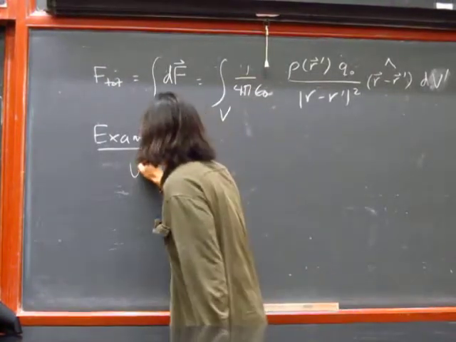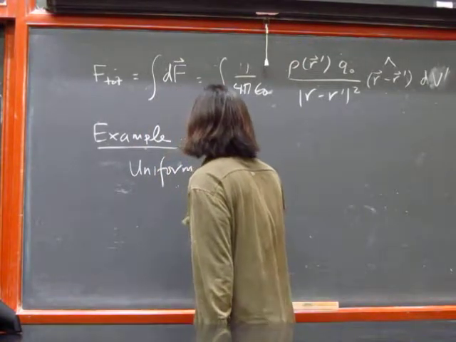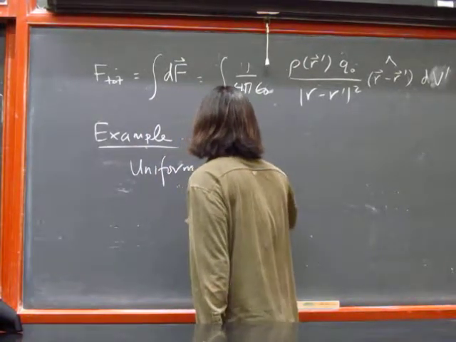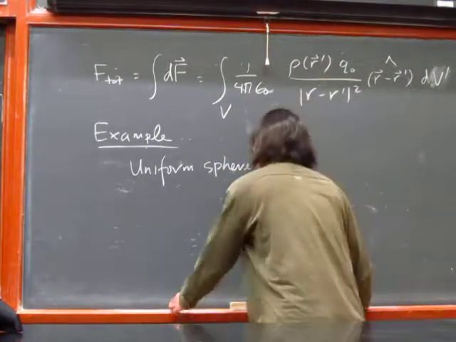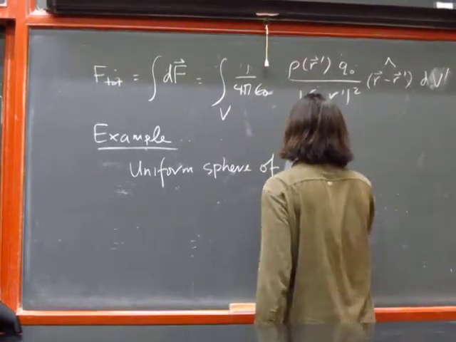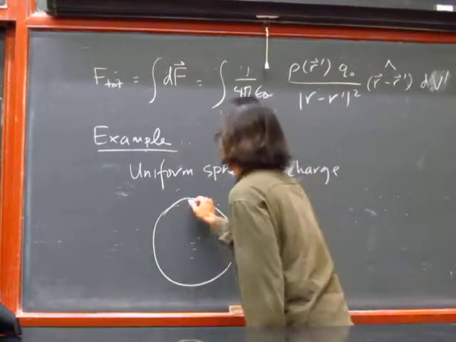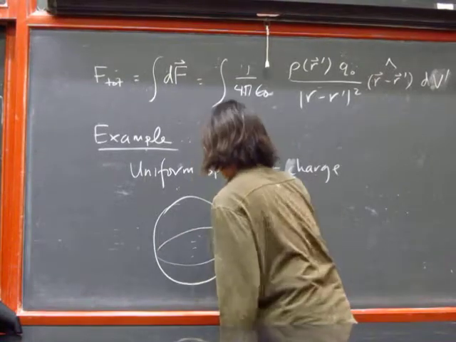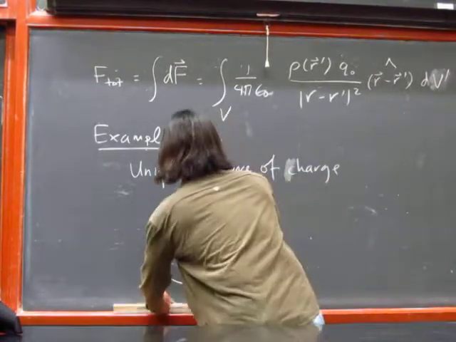Suppose I have a uniform sphere of charge. So this is a sphere. Let me draw it this way. Okay.